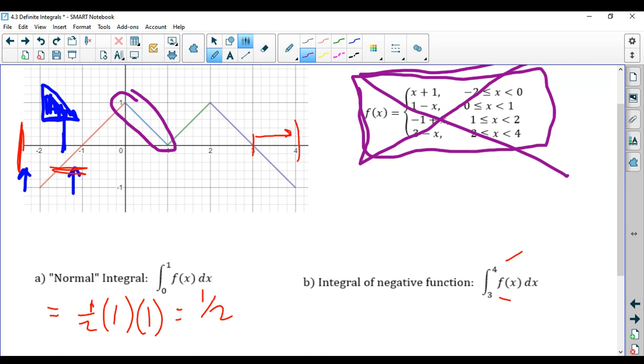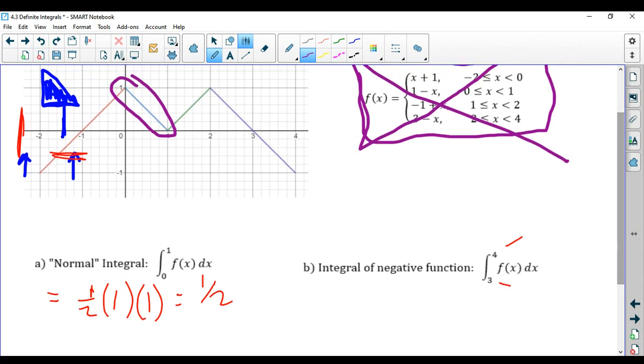And if you notice, the graph is below the x-axis, which means it's negative.